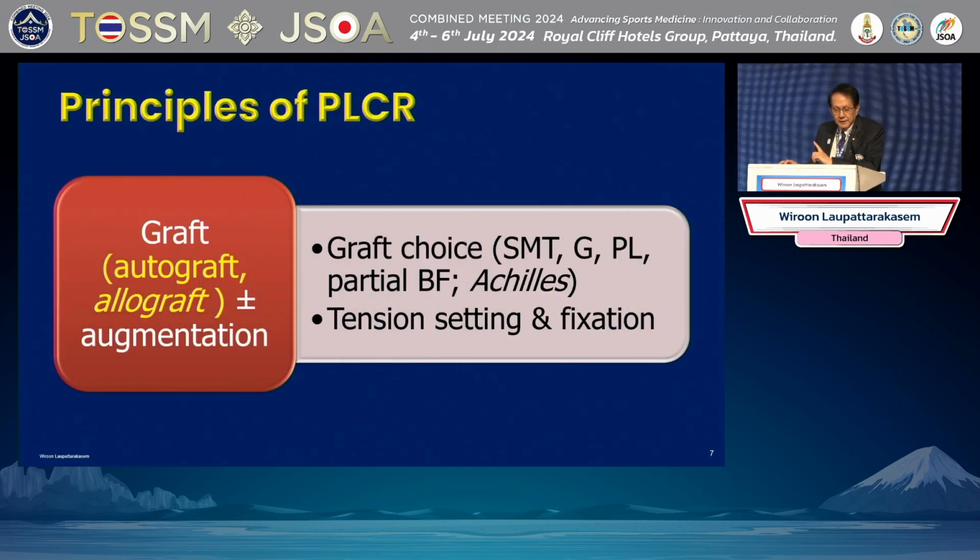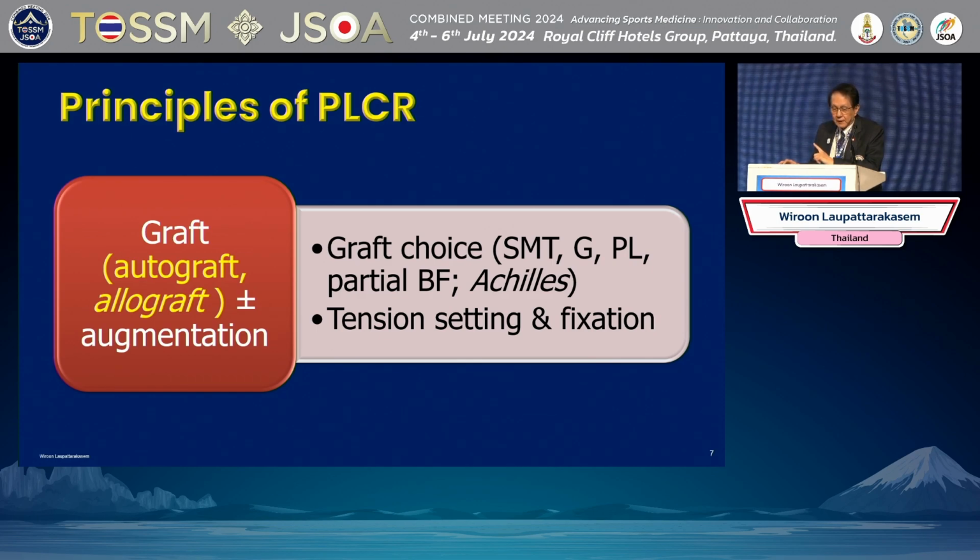The other thing is to choose the graft, which can be autograft or allograft. In our country, although we can have some allograft, most of it is not that popularized. Most surgeons will use autograft, which is semitendinosus, gracilis, peroneus longus, or biceps femoris.